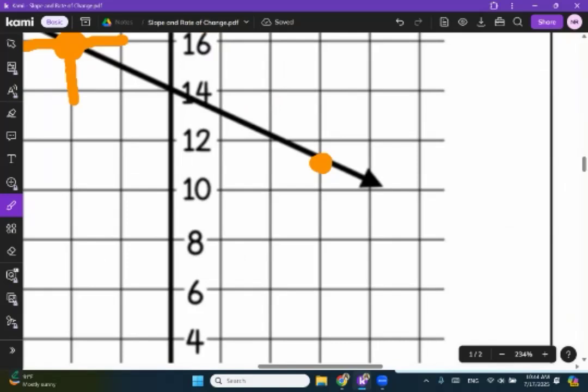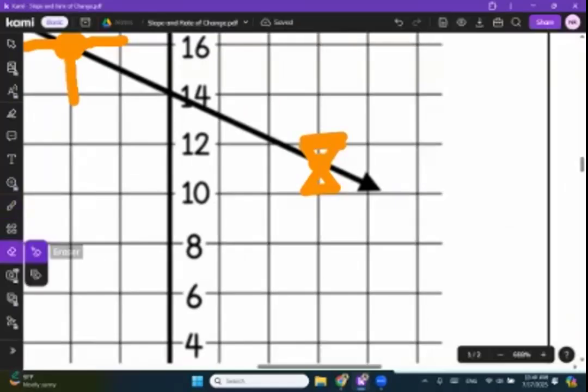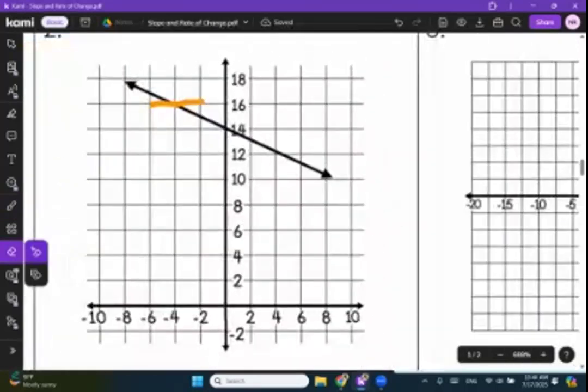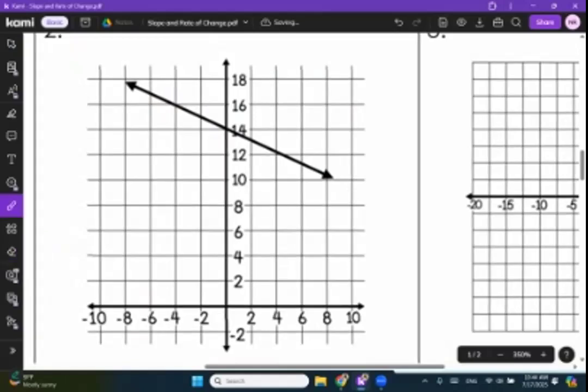You want it to be somewhere where it's going to cross perfectly. So we're actually going to get rid of this right here. This one is just off by a very little bit, but here we go. This is a good point, and this one's a good point.